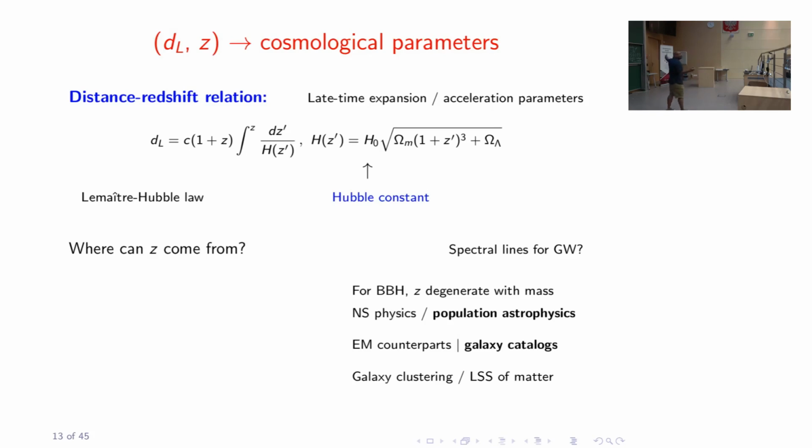Once again, using our famous scaling relation. So, just from the gravitational wave signal, at least for binary black holes where there is only gravity, and looking at the phase, it's impossible to say whether the source is at a redshift of 2 or whether the intrinsic masses are thrice as high. So, for binary black holes, redshift is totally degenerate with the mass of the system. Okay? This is one crucial point.